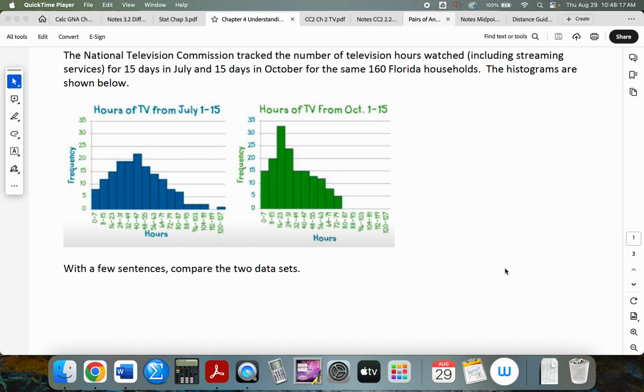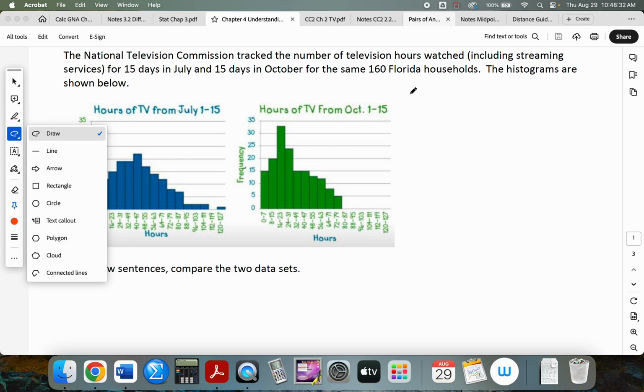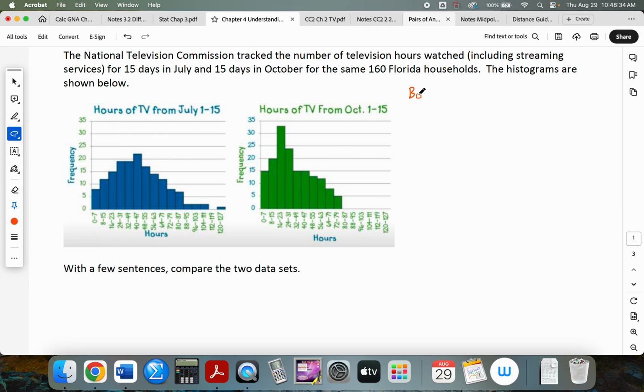We want to talk about the shape. We want to talk about the center. We want to talk about the variability. We want to talk about all those things. So, all right, they're both unimodal. Both distributions, and we always want to put this in context, right?